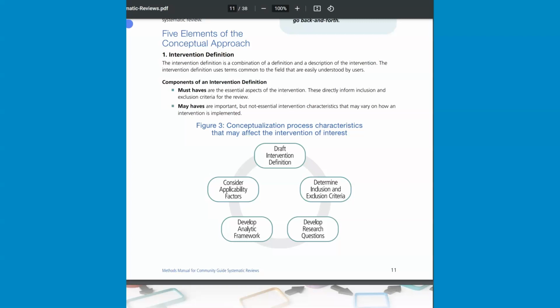These directly inform inclusion and exclusion criteria. And then from that, you want to see what it may have. So it's not essential, but it varies on how an intervention is implemented. So draft the definition, determine inclusion and exclusion criteria, develop research questions, develop analytic framework, and then consider applicability factors. So take a look at this conceptualization process here.